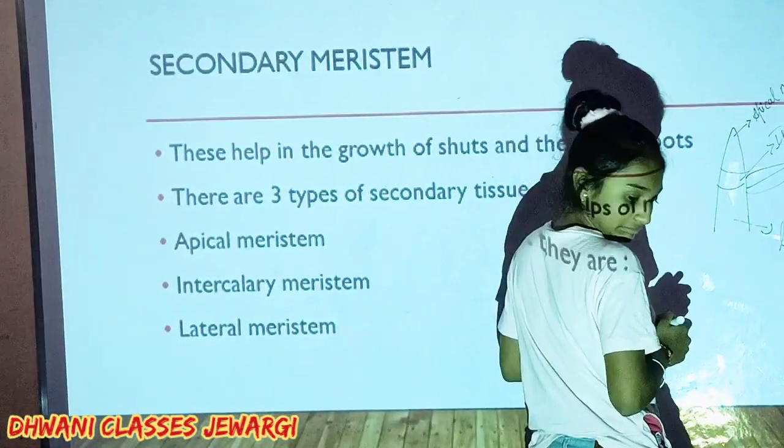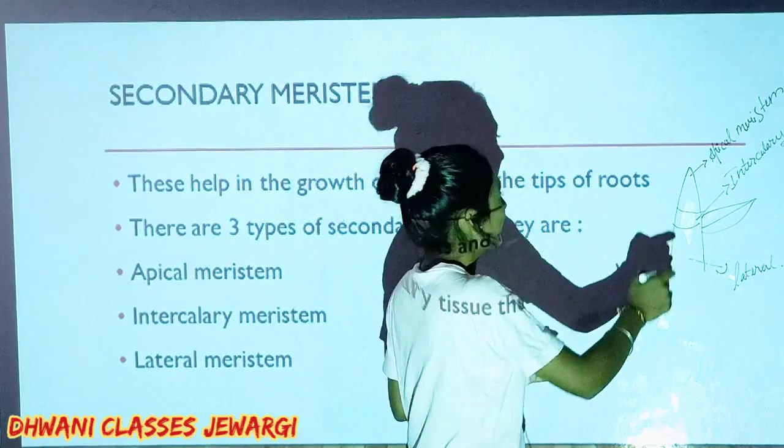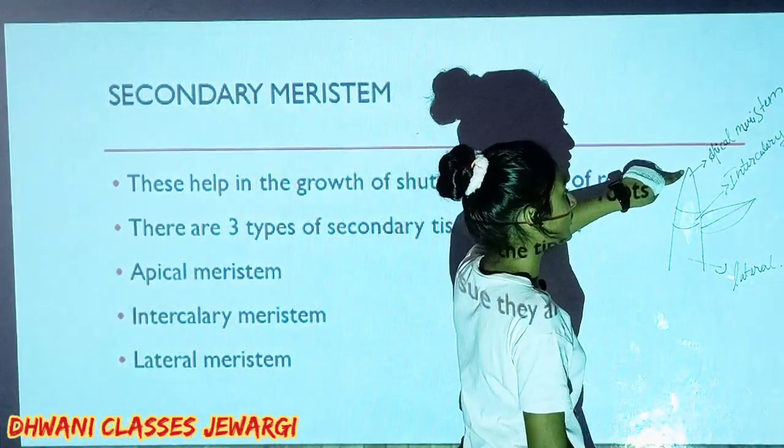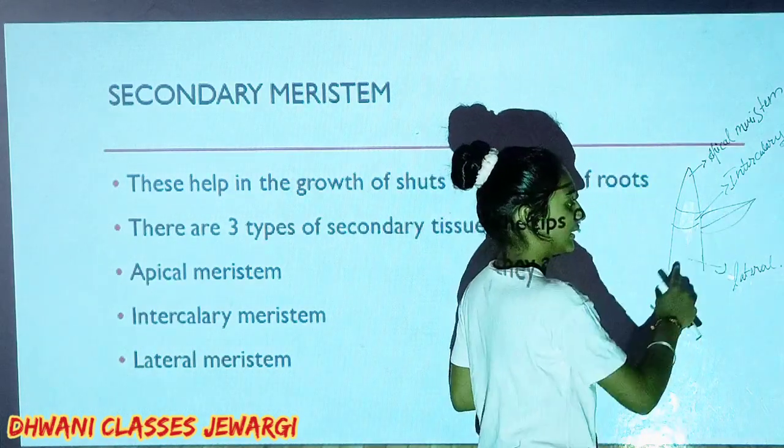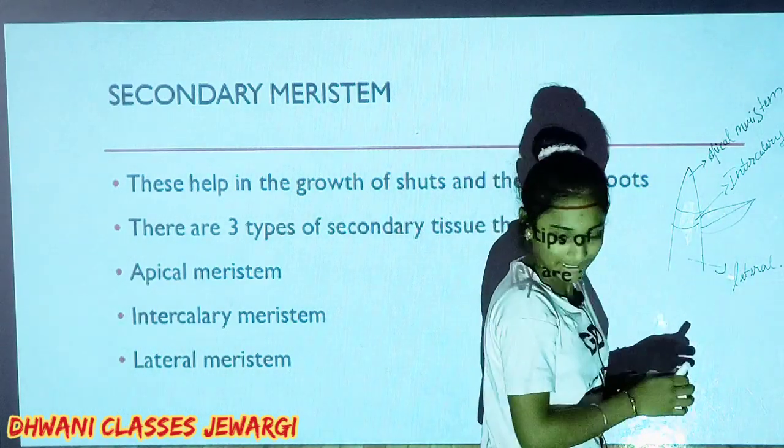The apical meristem is found in the top of the plant, and in the middle the intercalary, and in the low, the lateral meristem.